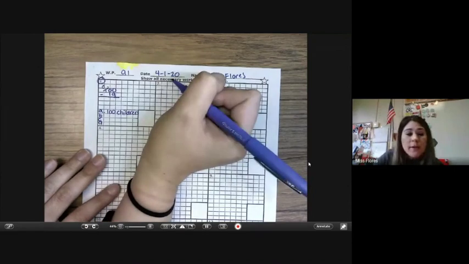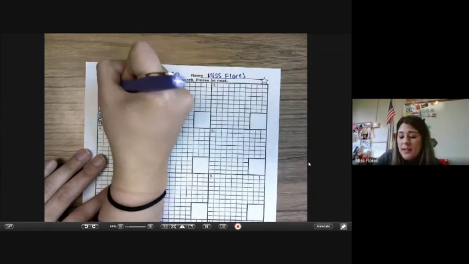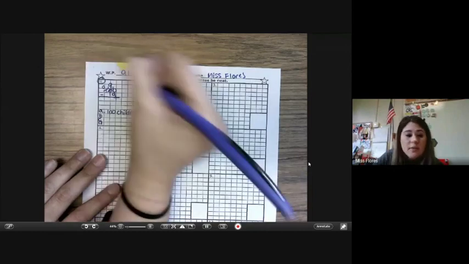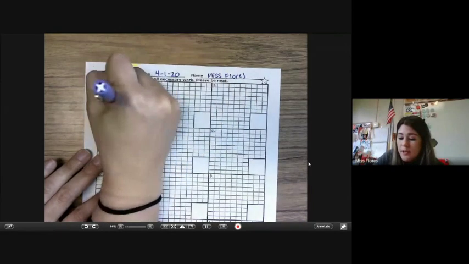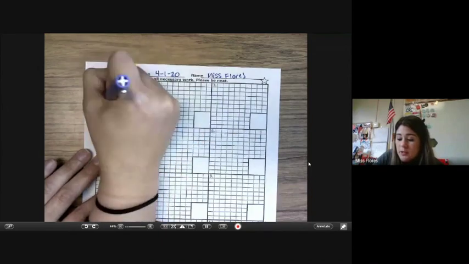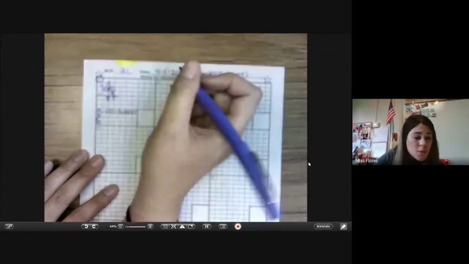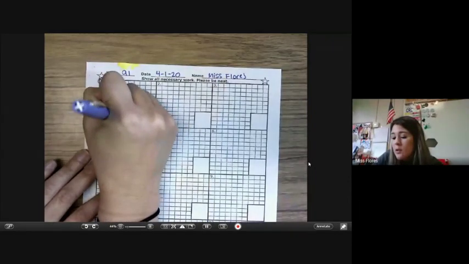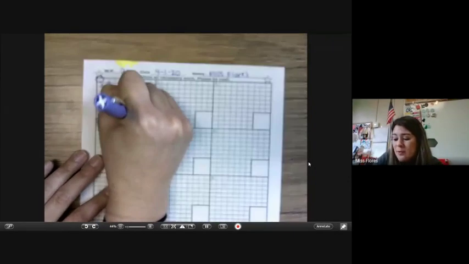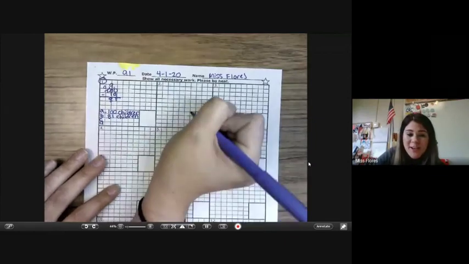We carry over the 1. The 10 now becomes a 9, and we carry over the 1. So now we can subtract 10 minus 9, which is 1, and 9 minus 1, which is 8. So that means B, how many of them were not swimming? 81 children, because they're not whales, they're children. So make sure you label correctly.